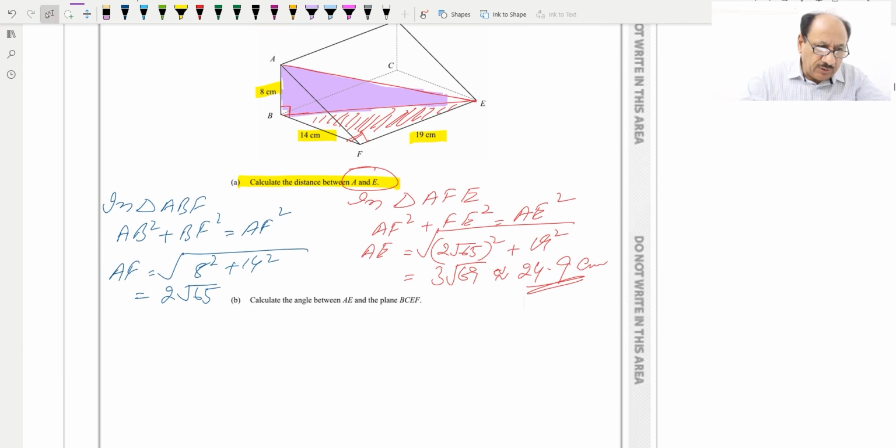Now we can go to part B, and part B says calculate the angle between AE and plane BCEF. Okay, so we already have AE, which is 24.9, so we will be using this, and we have the opposite side.